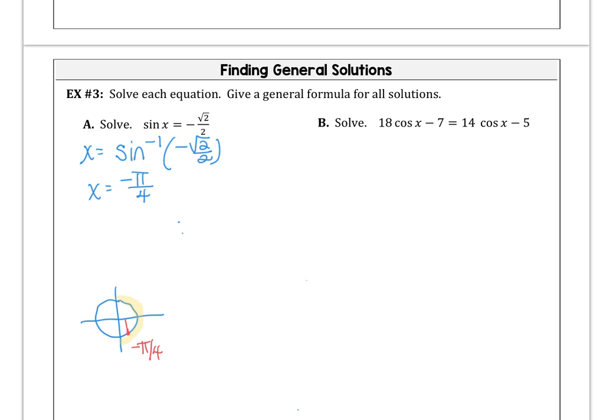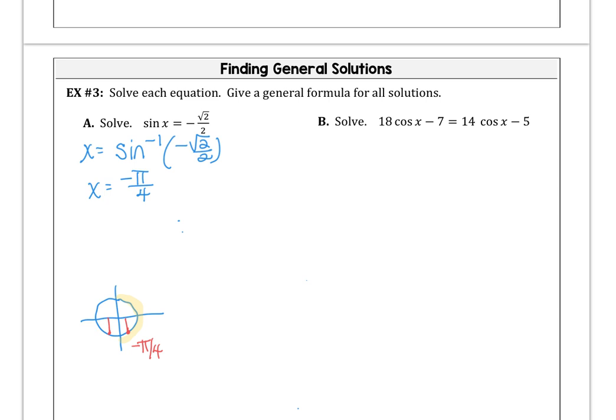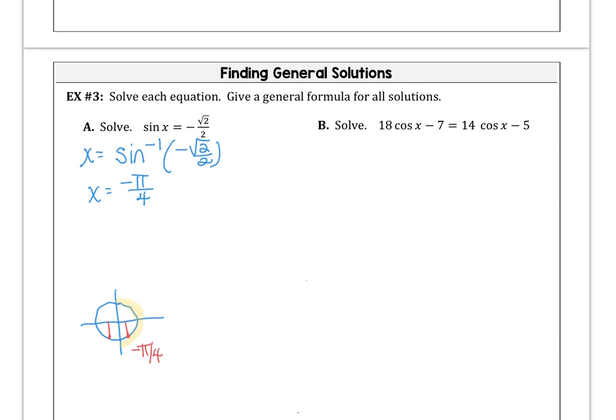Now, that also happens over here at 5 pi over 4. So we could think of that if we did a general solution. We could say the first x, x sub 1, would happen at 5 pi over 4 plus 2 pi k.